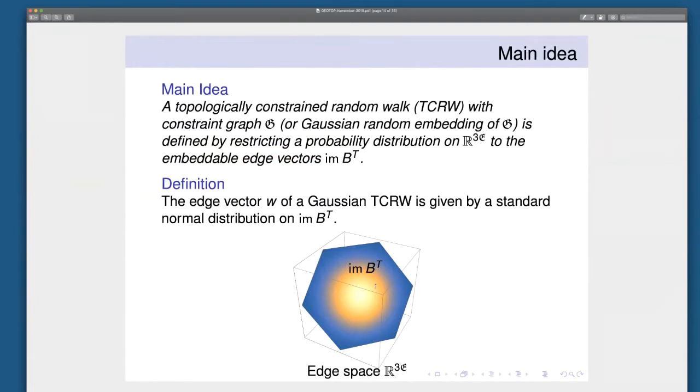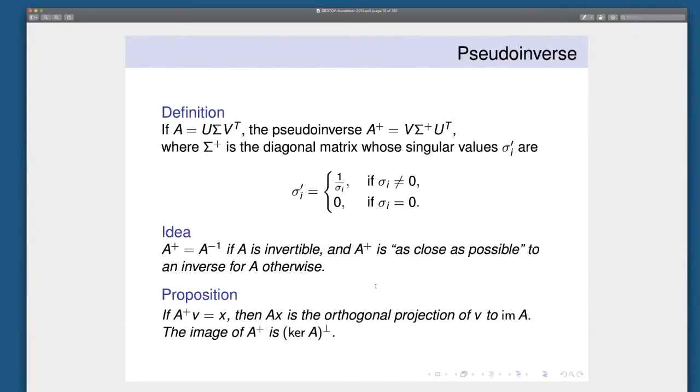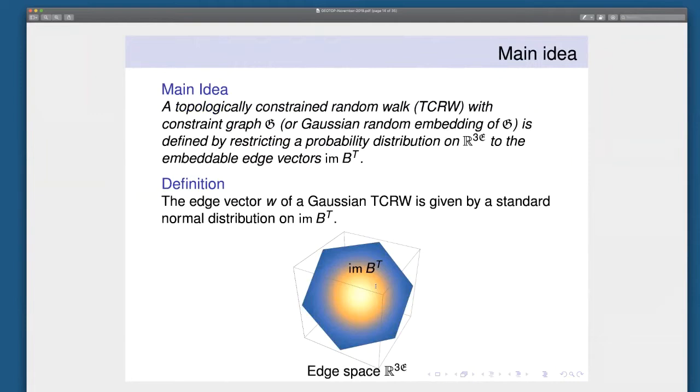It's a property of Gaussians that you get the same multivariate Gaussian either way. Okay, we'd like to push this distribution back to vertex space. So we'd like to apply B transpose inverse to it. Unfortunately, B transpose is not an invertible matrix. So we'll need one more trick.